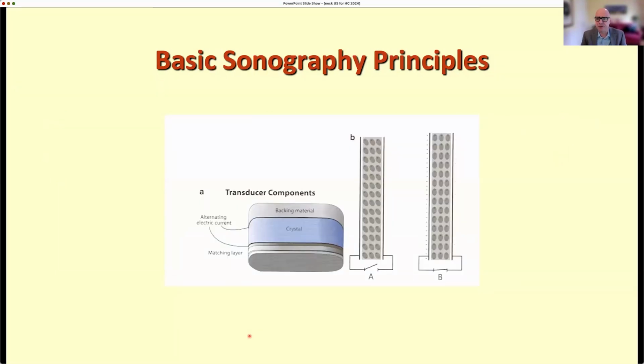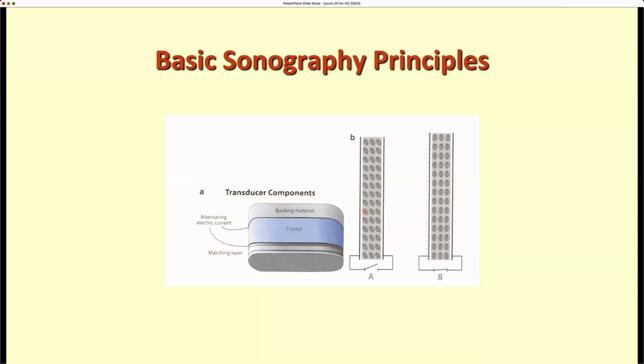Different from many radiology devices, in sonography, the signal is emitted by the same machine that also reads the signal, and that is the transducer. The transducer is able to transform electrical energy into ultrasounds, and this is done through the vibration of crystals in the probe.